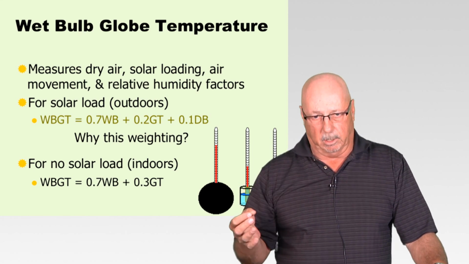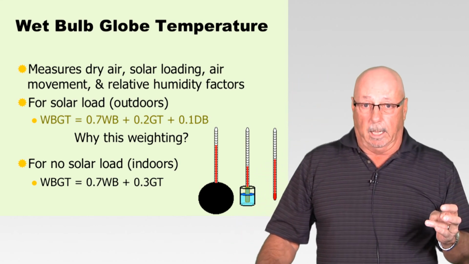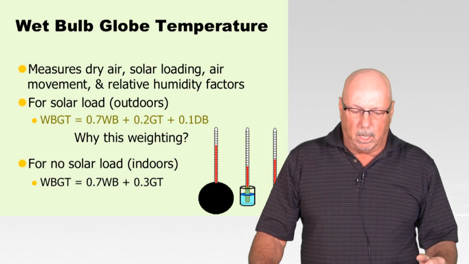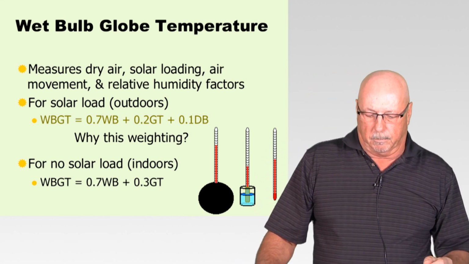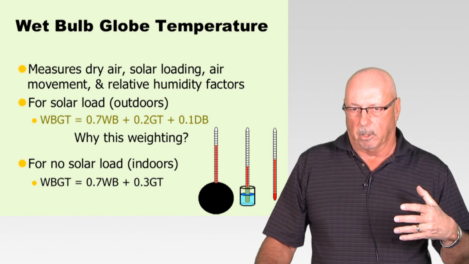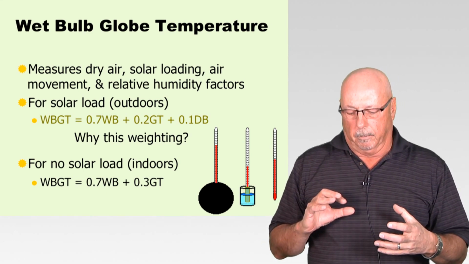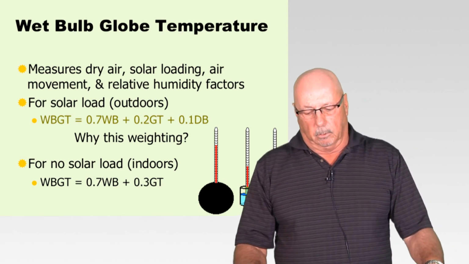And that is the ambient temperature, the radiant heat load, wind speed, and humidity. And so what they do is use 3 thermometer readings, and the thermometers are set up in different configurations to be able to account for those different temperatures.